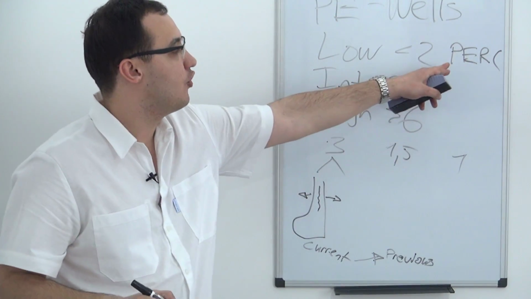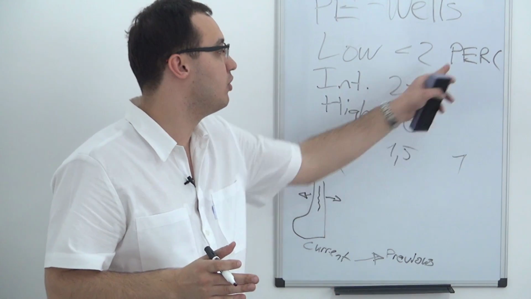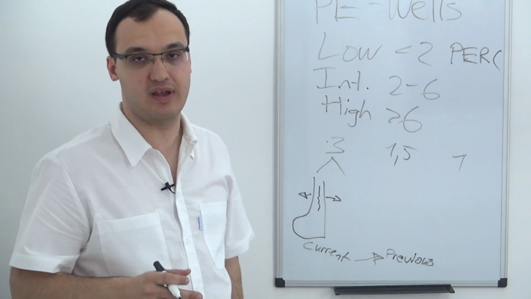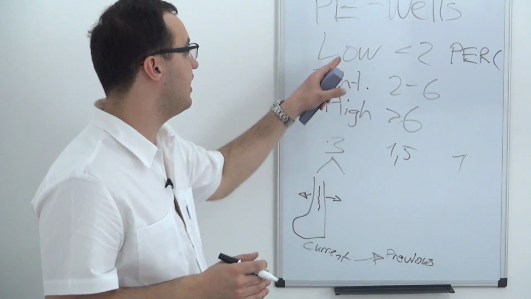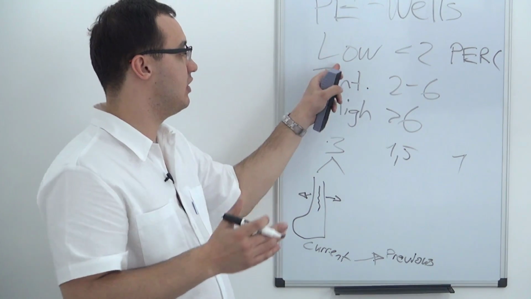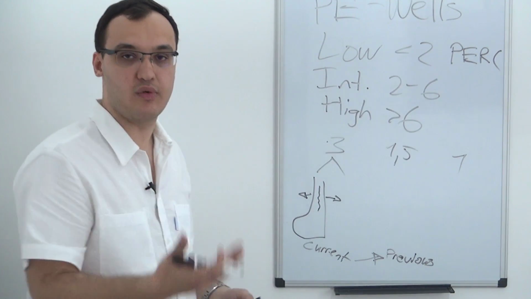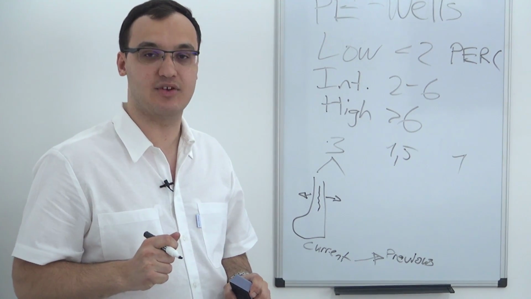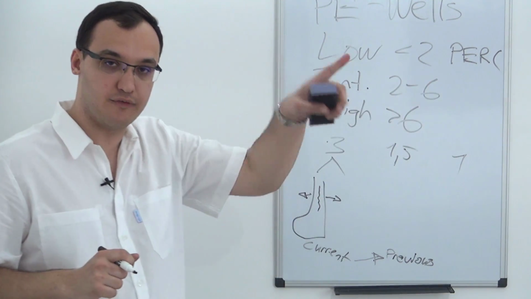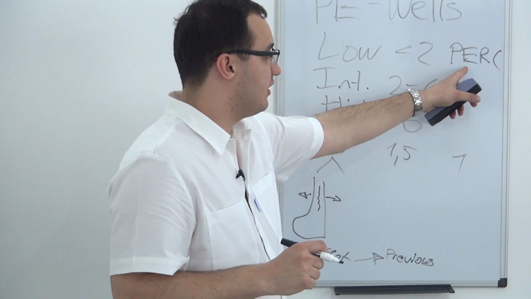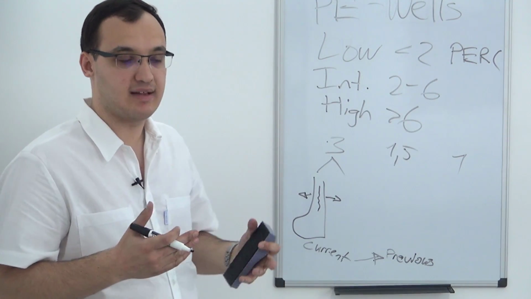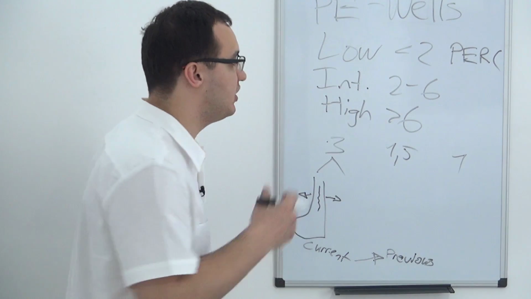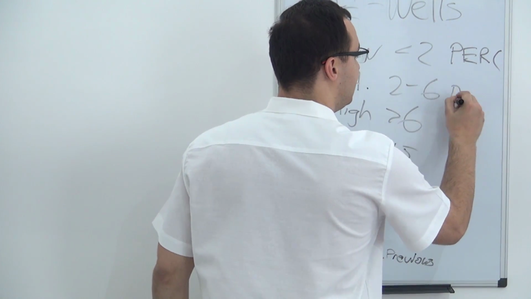PERC stands for pulmonary embolism exclusion criteria, which means that if the probability clinically is low, then we do another criteria, which consists of 8 criteria. I will deal with that in another video. If this criteria tells me that, yeah, this patient has pulmonary embolism, then I continue with D-dimer test.